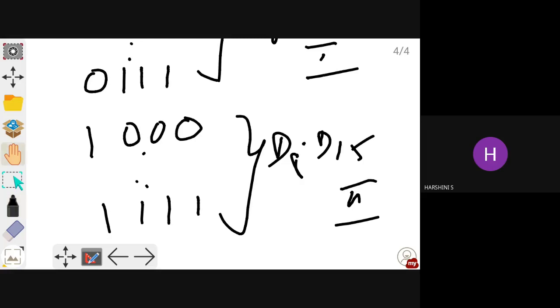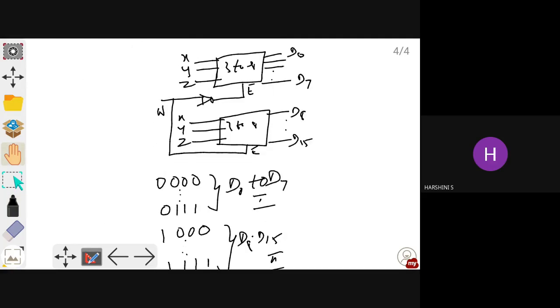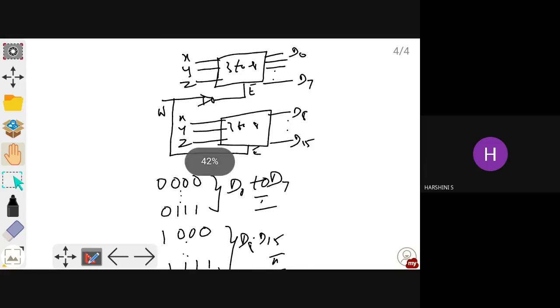Is it clear? So this is the 4 to 16 line decoder using two 3 to 8 decoders. Is it clear or not? Is it clear?